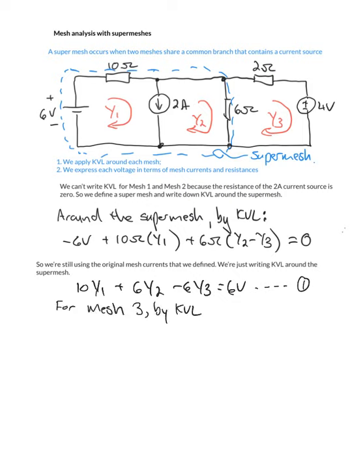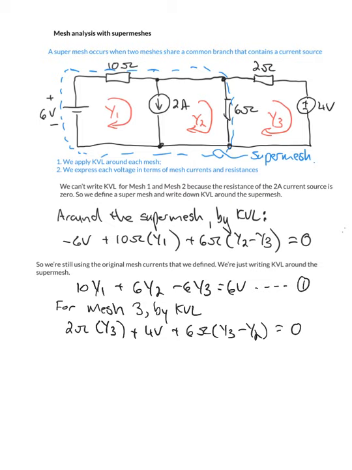And now for mesh 3, by Kirchhoff's voltage law, going around mesh 3, we've got 2 ohms times Y3 plus 4 volts plus 6 ohms times (Y3 minus Y2), and that all must be equal to 0.